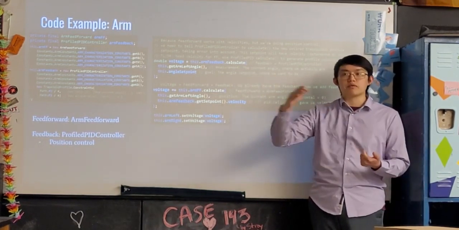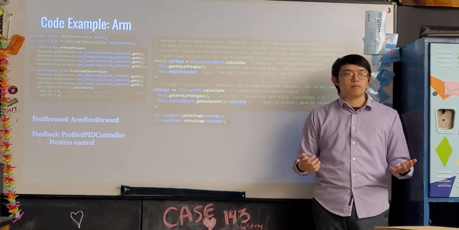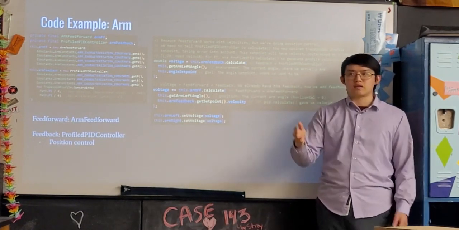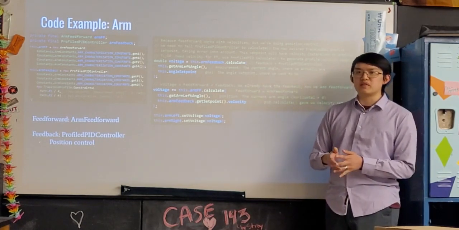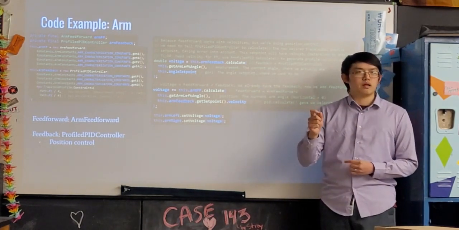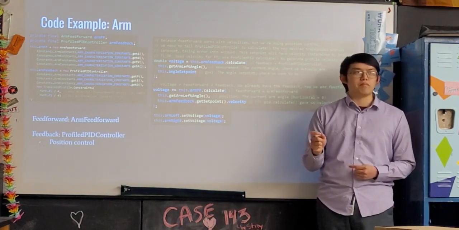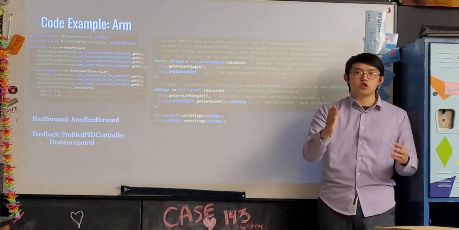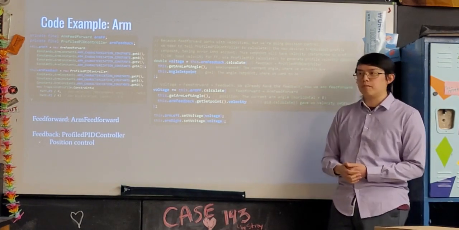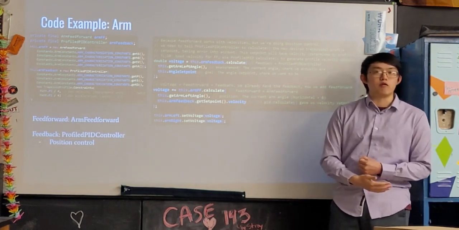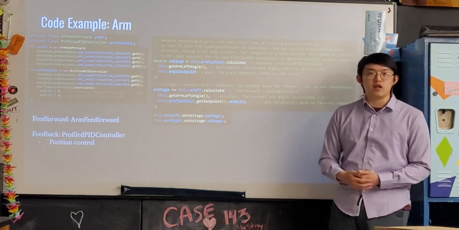You saw the trapezoid part of the plan and acceleration and whatnot. That velocity part is really important because we can take that velocity, at a specific point in time, based on the plan, how fast should we be going based on the motion profile plan. And then we plug that into feedforward, because feedforward works with velocities only.